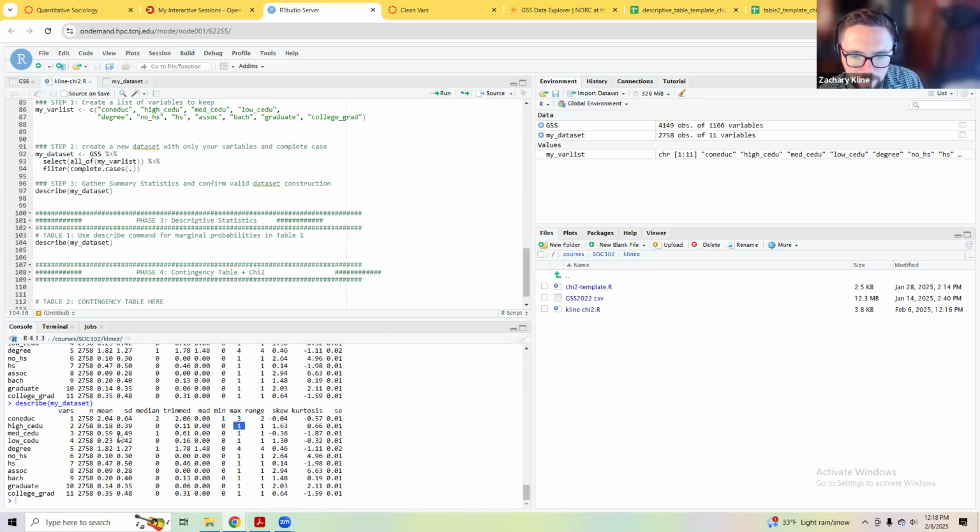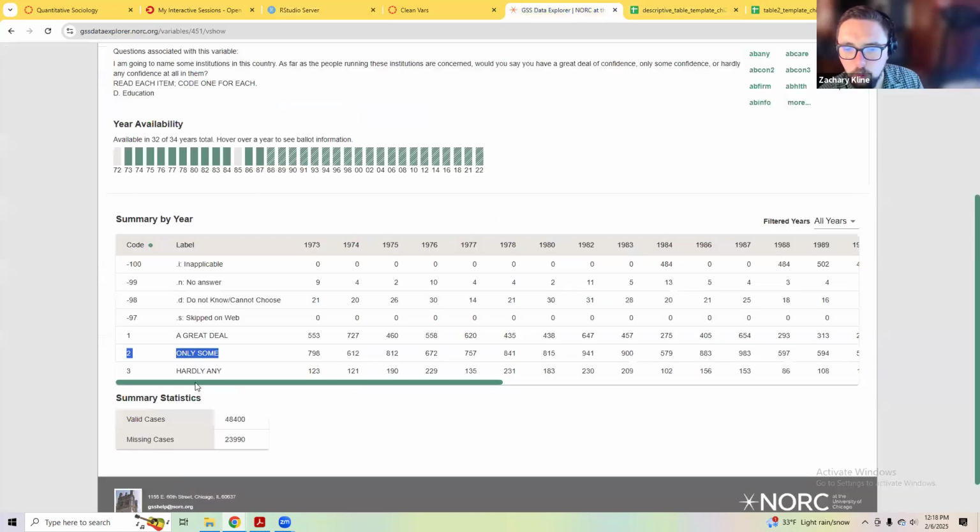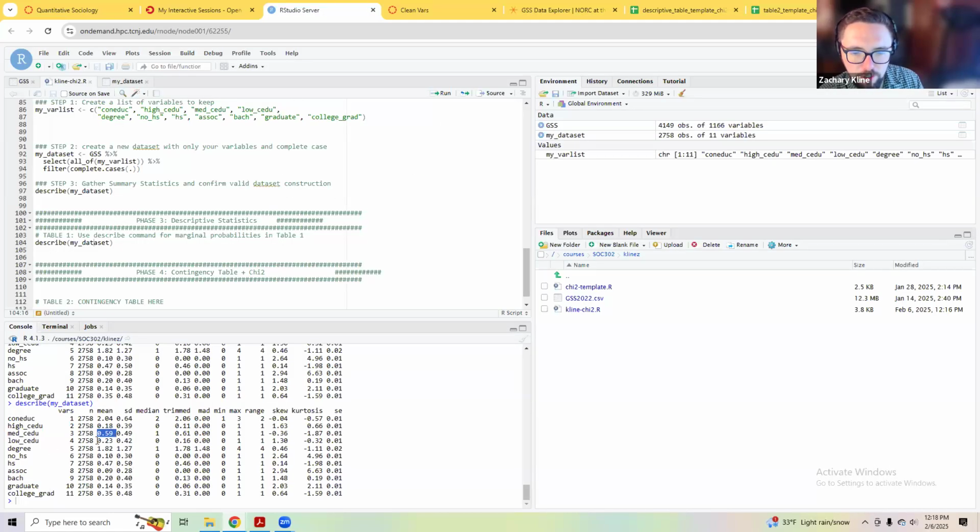And the mathematical beauty here is that now this represents a proportion or a percentage. So 18% of our respondents have a great deal or high level of confidence in those who run education in this country. 59% have a medium level of confidence, or only some confidence in those who run education, and 23% have a low confidence in those who run education.